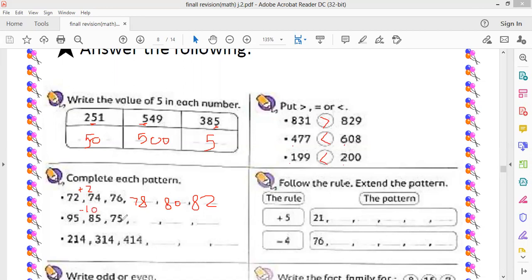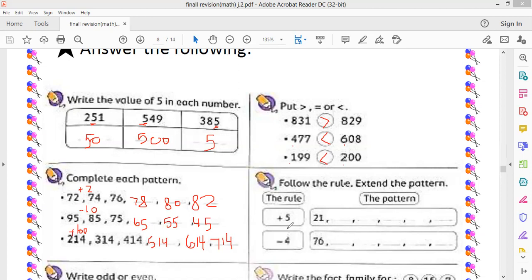So 75 minus 10, 65, 55, 45. 214, 314, 414, plus 100. 514, 614, 714.